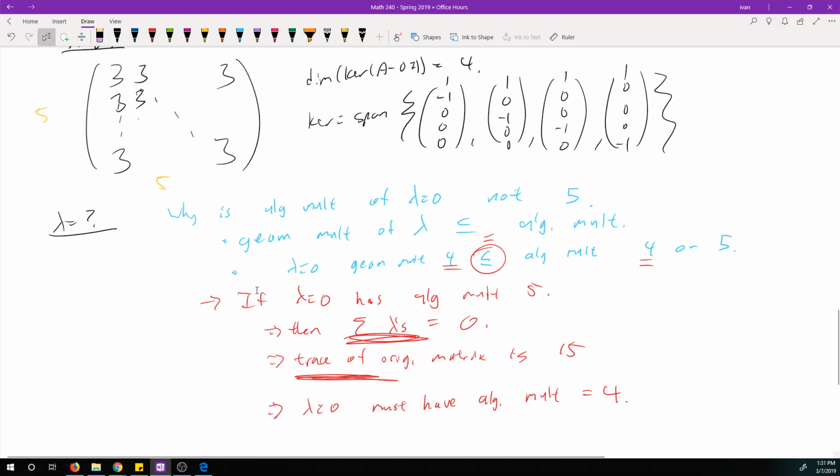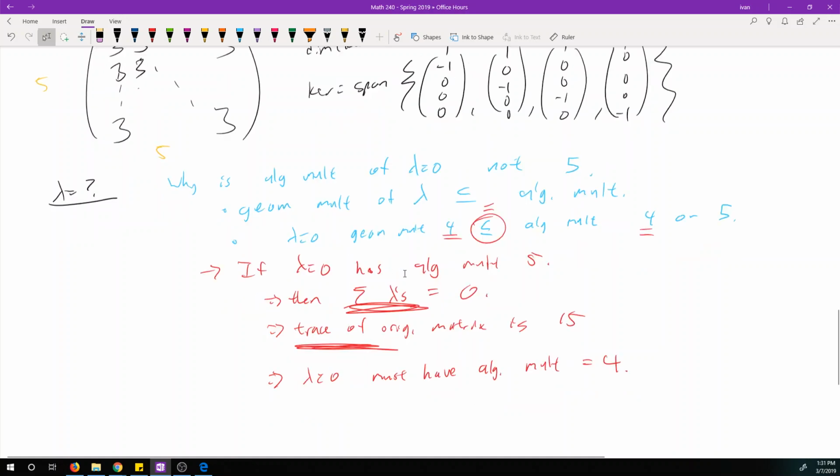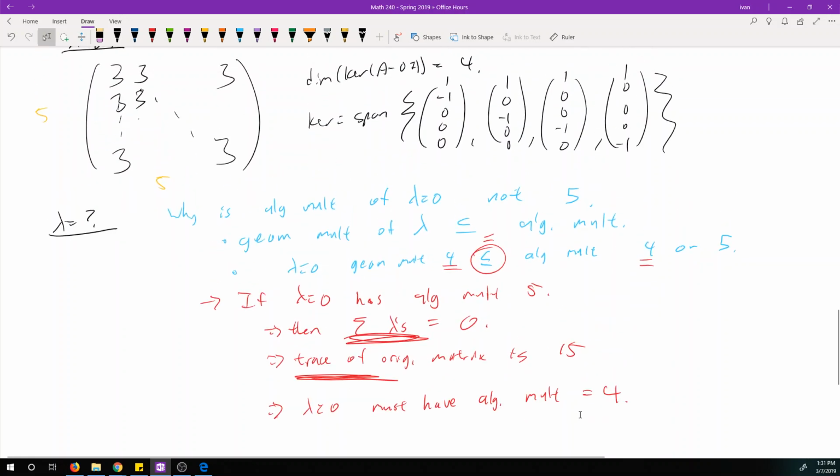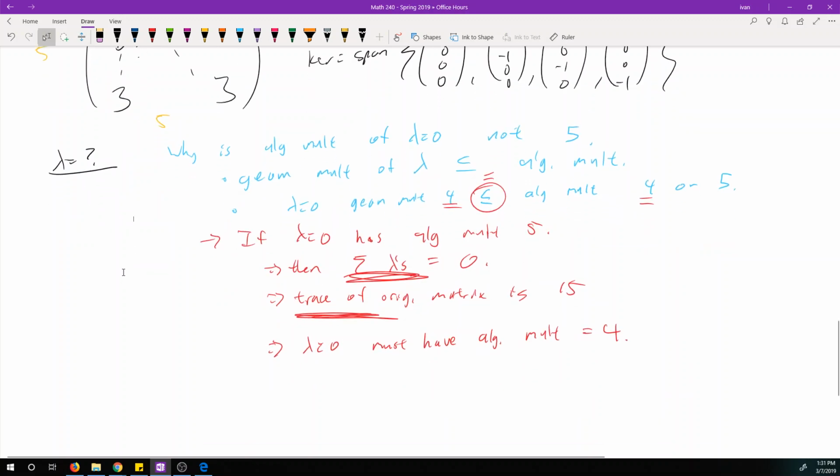Okay, so now we need to find the other eigenvalue, and we kind of have it already. If lambda equals 0 has algebraic multiplicity 4, then I add 0 four times and still get 0. But the sum of my eigenvalues has to equal the trace of my original matrix, which was 15. So what does the last eigenvalue have to be? Yeah, the last eigenvalue has to be 15.